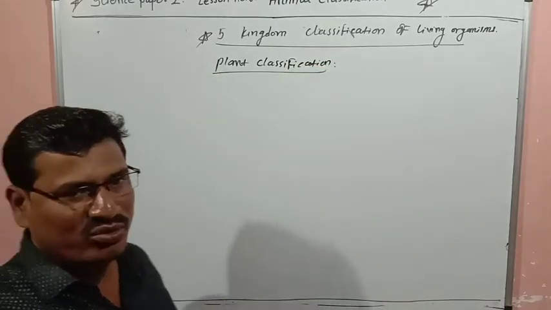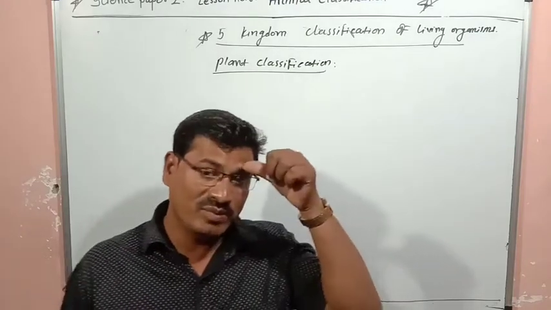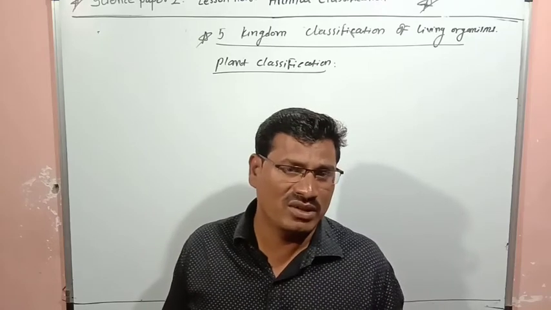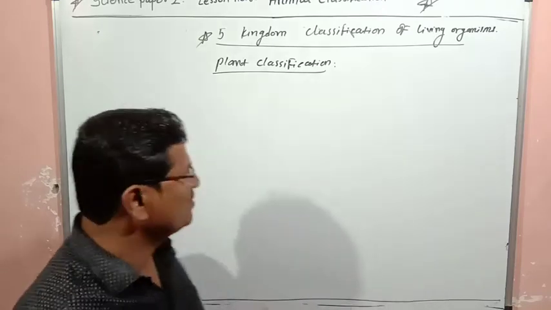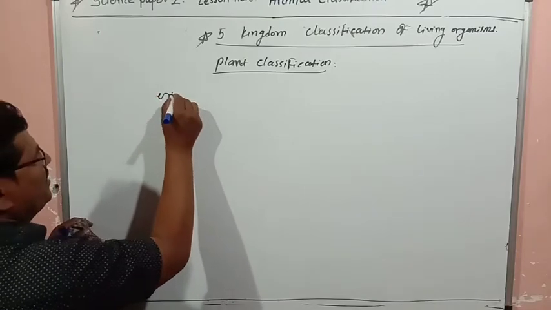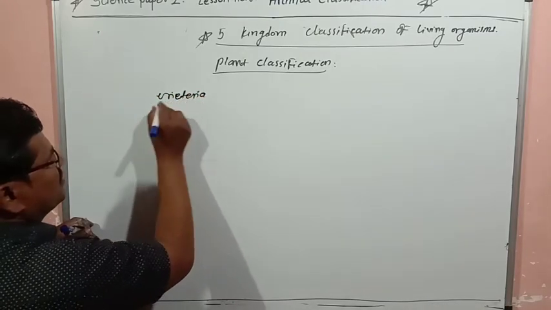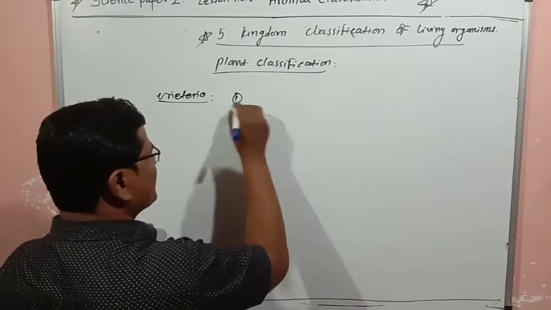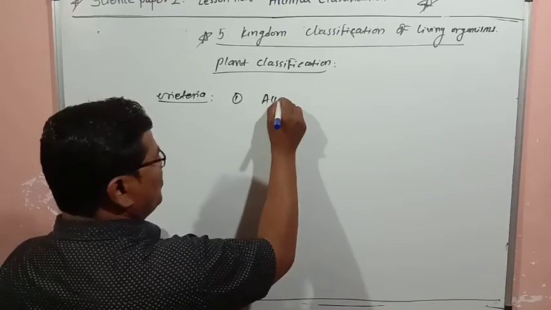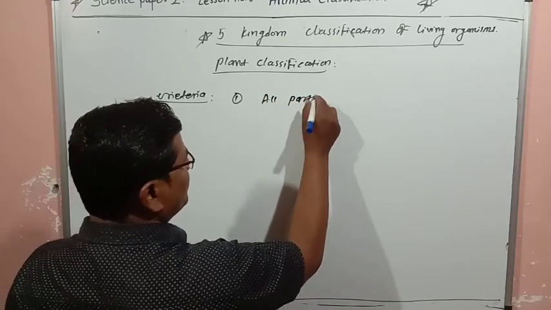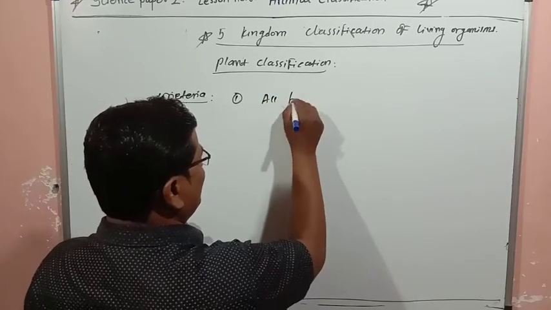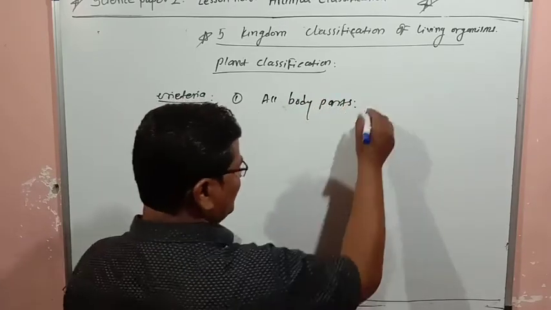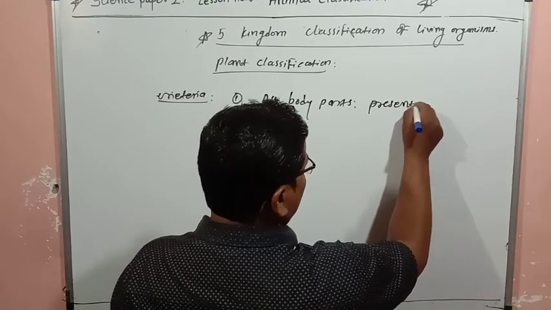Can you recall? Can you tell? In plant classification, which points are considered, which criteria are used for the classification? In short, we'll take the criteria. The first one is whether all body parts are present or absent.